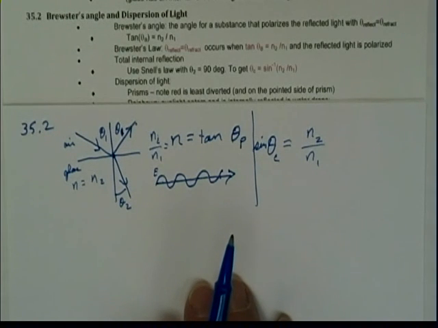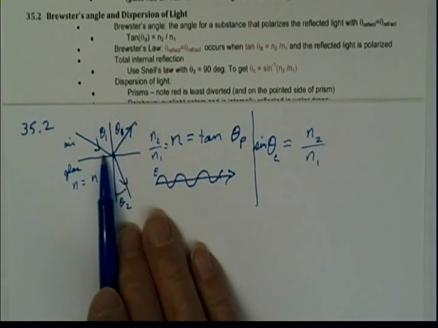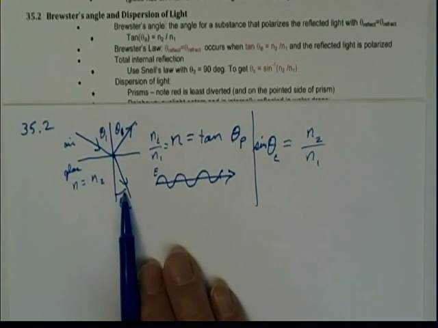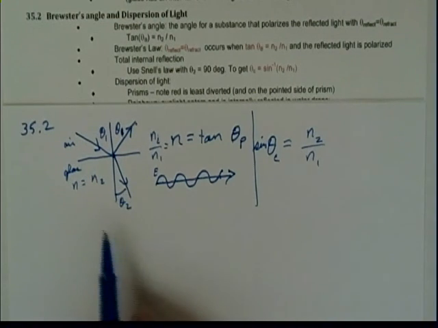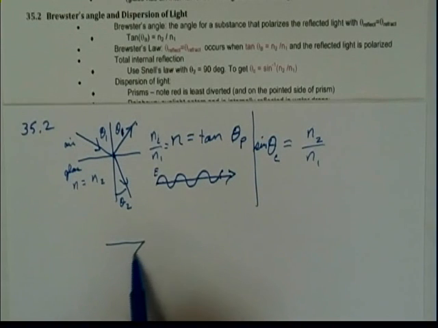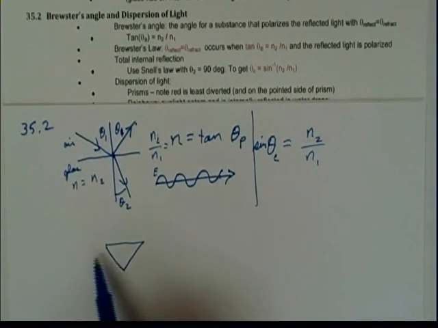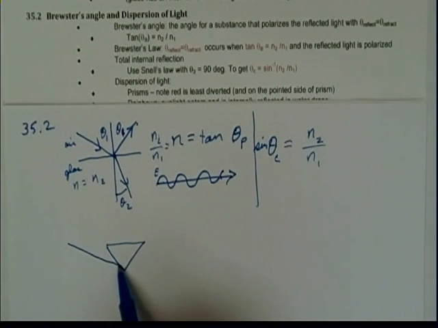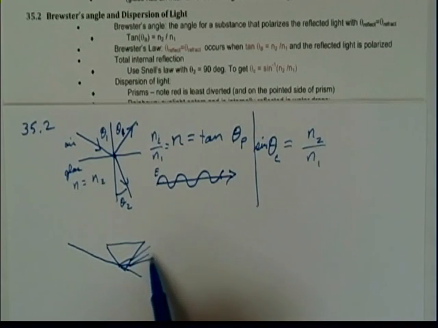Light is dispersed because different wavelengths have different critical angles and different indices of refraction. So, for example, if I take a prism like this and shine light through here, different wavelengths are bent by different amounts, and therefore they come out at different angles.